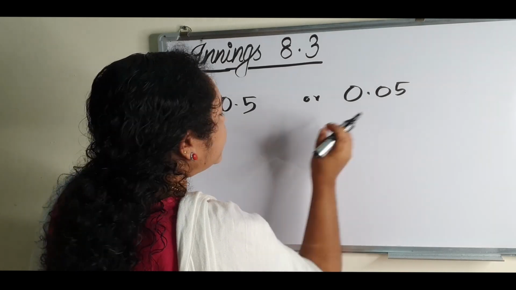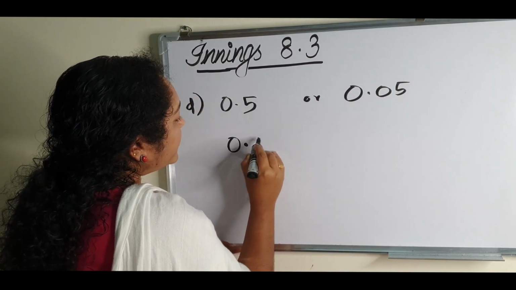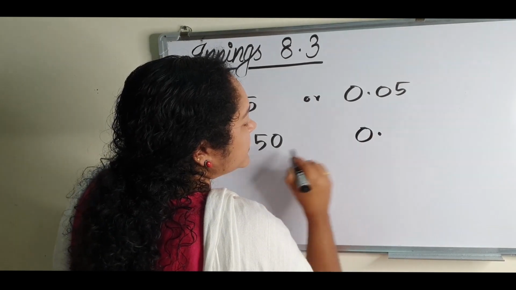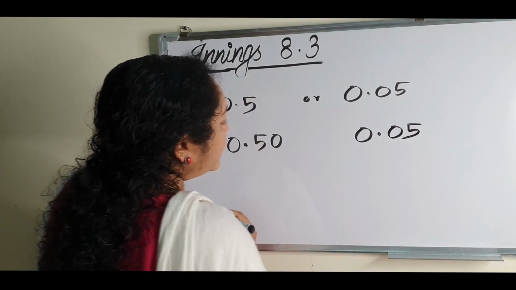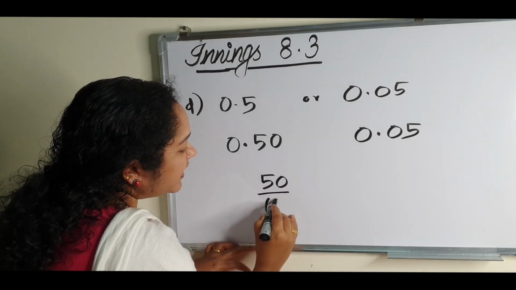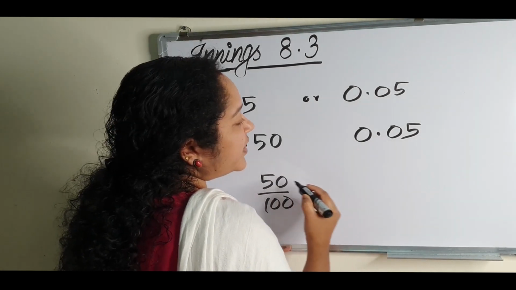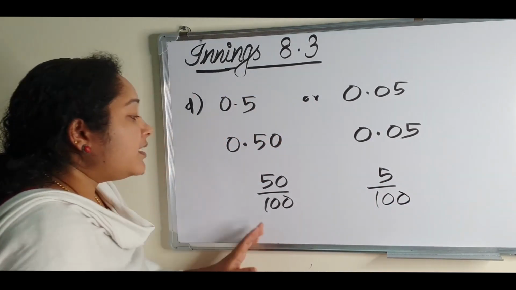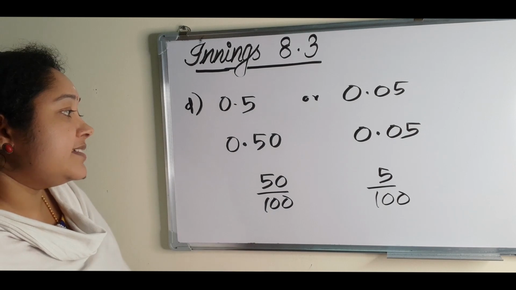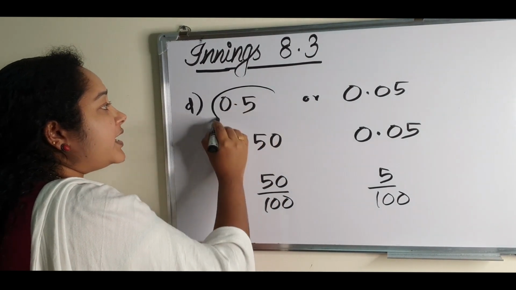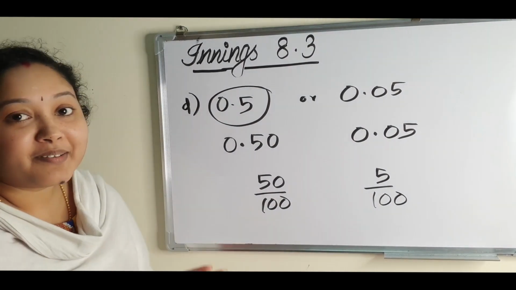That means 0.50 and 0.05. 0.50 means 50 by 100, 0.05 means 5 by 100. 50 by 100 is greater than 5 by 100. So 0.5 is the greater decimal.